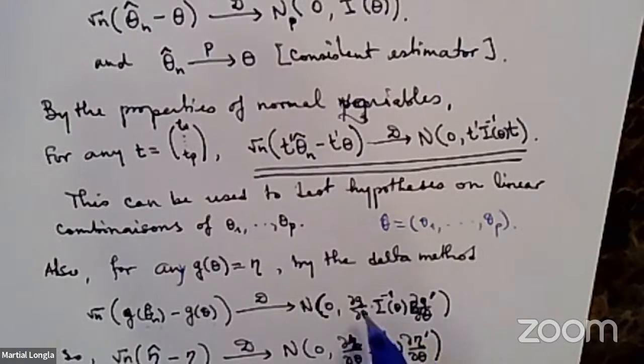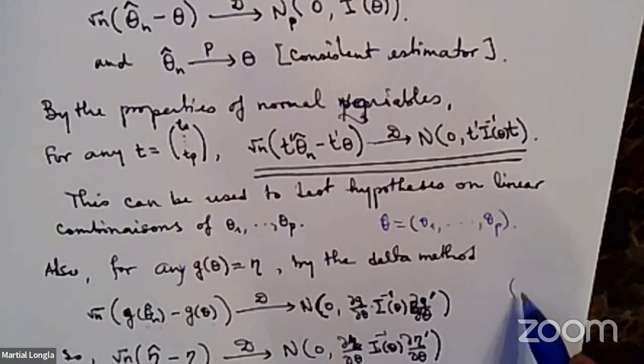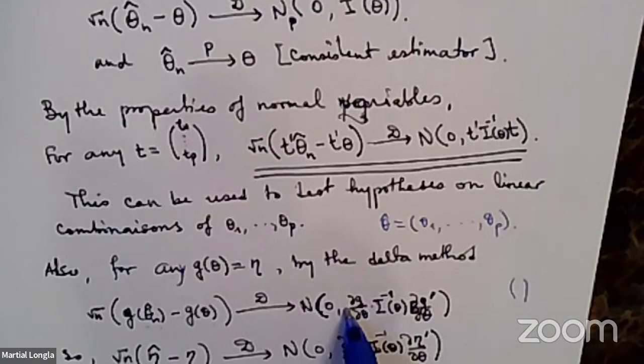Now the way you put the transpose depends on what you understand this derivative to be. If you're writing this derivative as a column, then the transpose should be on this side.